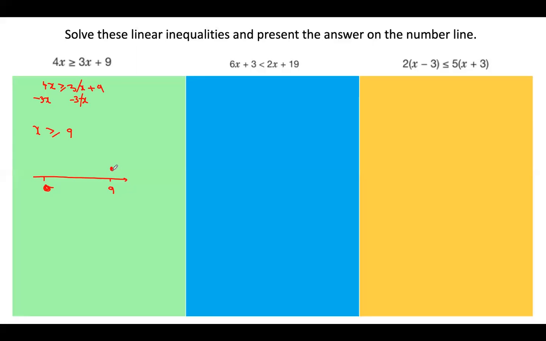So that's why the circle above number 9 should be a filled circle. And the rest of the solutions are going to be bigger than 9. So all the solutions are equal to and bigger than 9. So all these represent all the values that solve this inequality.